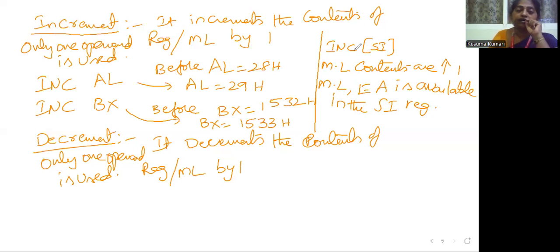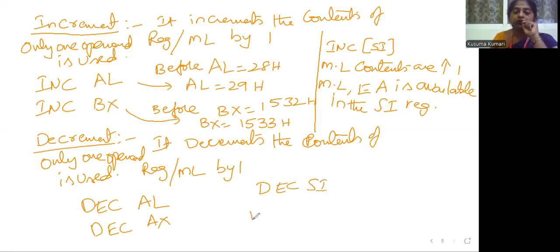It can be incremented or decremented based on that. Similarly, here also decrement: DEC AL or DEC AX, whatever it may be, DEC [SI] and so on. That is increment and decrement.